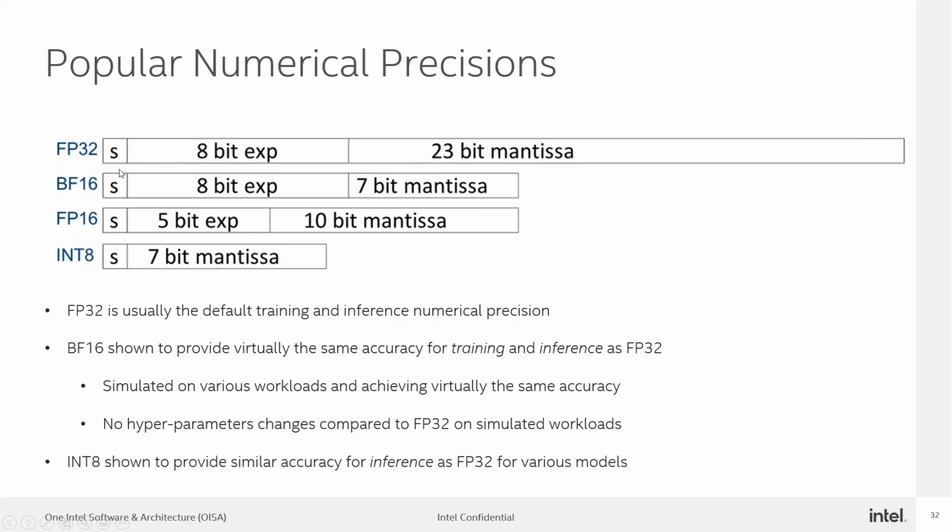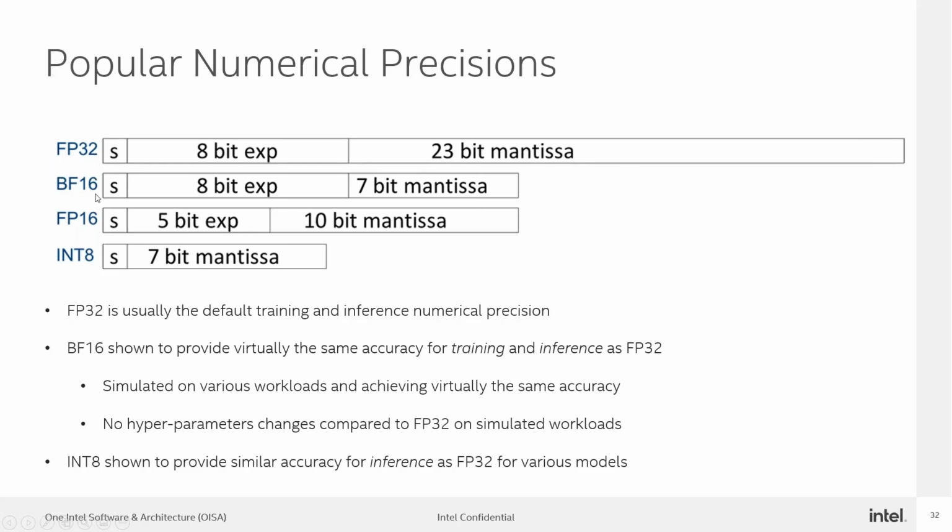It has 1 bit for the sign: if this bit is set to 0, then this number is positive; if it is set to 1, then it is negative. This is followed by the 8-bit exponent part. And for FP32, the rest, 23 bits, are the mantissa bits. This shows the decimal part.